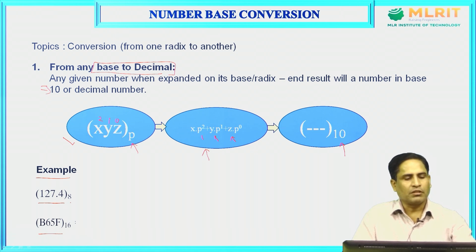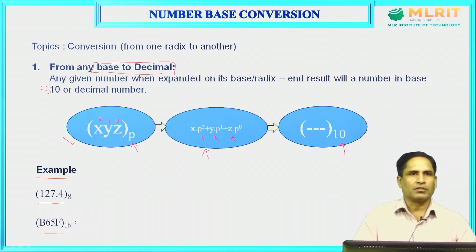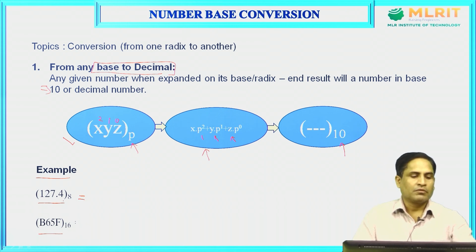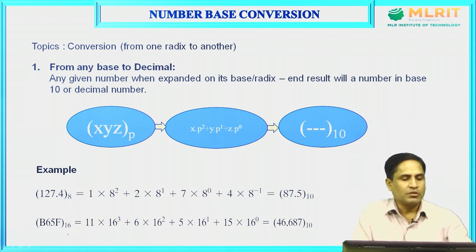We want to convert these two numbers into the decimal number system. So we will just expand these numbers, 127.4 base 8 and B65F base 16, on base 8 and base 16 respectively. This is how it will look.